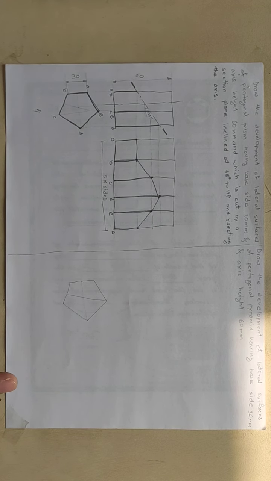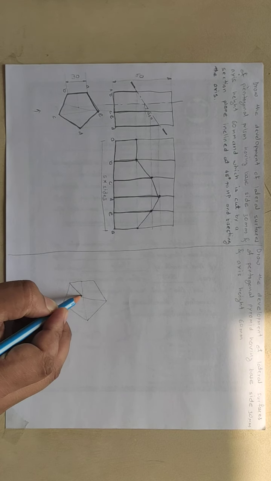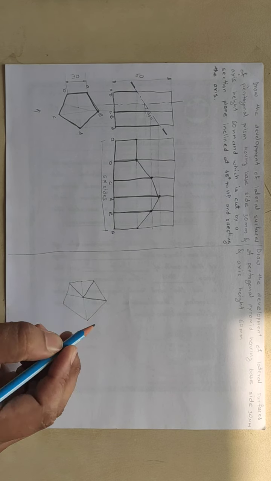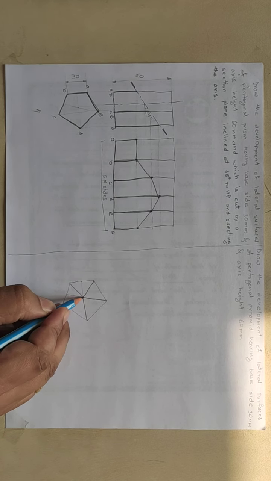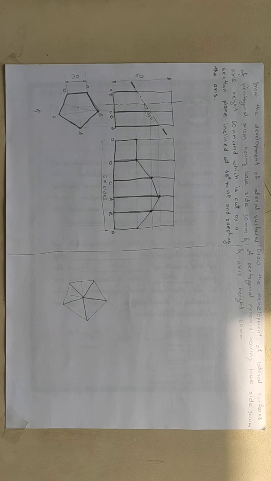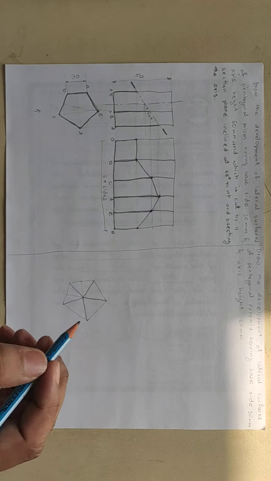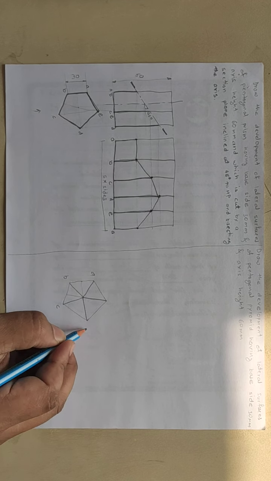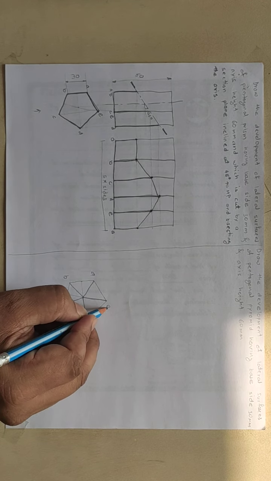As this is the pentagonal pyramid, these points need to be dark, because this is what we observe from the top view, isn't it? The base we can also name as A, B, C, D and E.